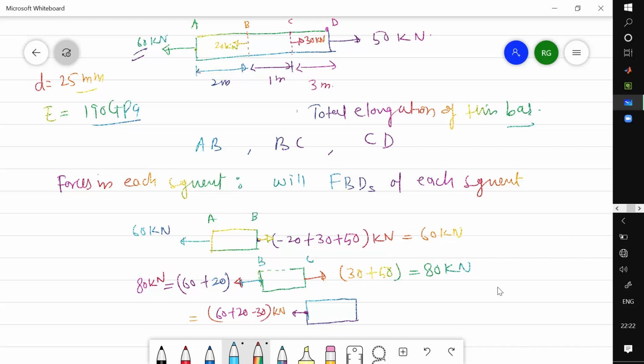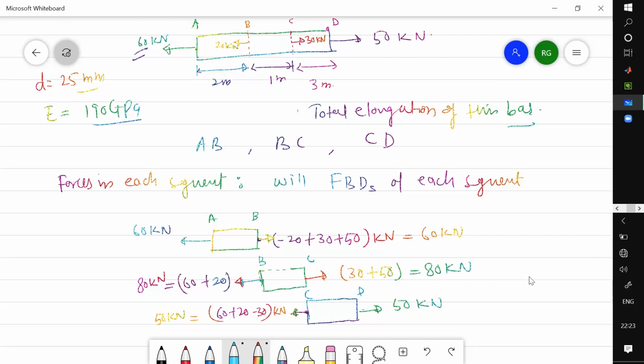This becomes 60 plus 20, 80 minus 30, which is plus 50 kilonewton in the outward direction, right? And here it is 50 kilonewton. So this CD segment is under the influence of 50 kilonewton of tensile load, and this segment is also in equilibrium.